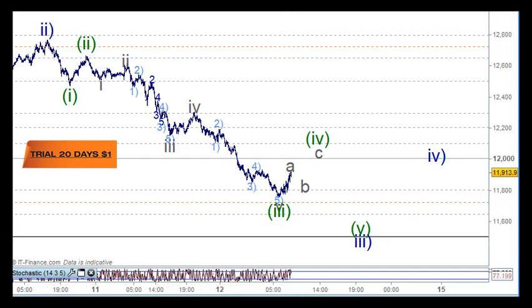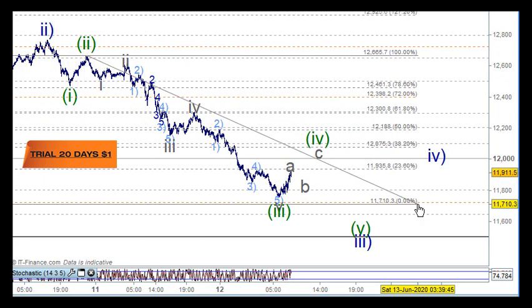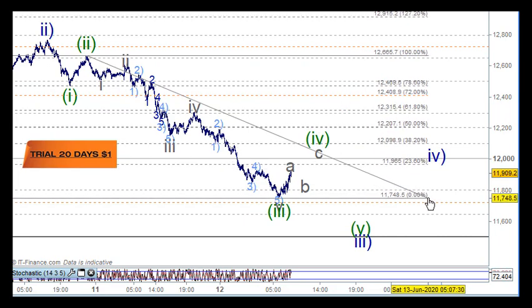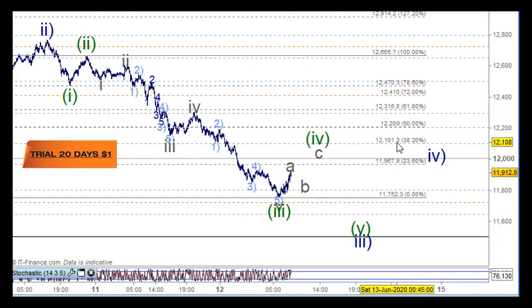Before we do that, we'll take the wave 2 top here in green, roughly there, bring it down to this low here, and that's the 38.2% retracement level for wave 4. Now, of course, it doesn't have to move that high, but we need to be mindful of the closest largest number, the 12,000 here.